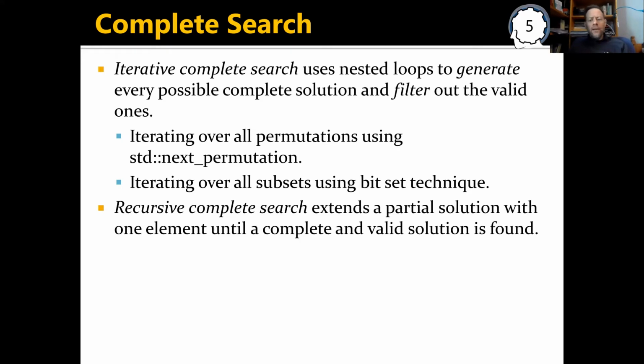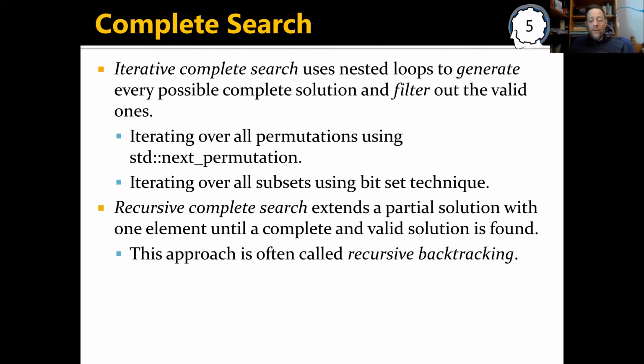The other technique, which again is very general and very useful, is called recursive complete search or recursive backtracking. Here we extend a partial solution with one element at a time until a complete and valid solution is found.